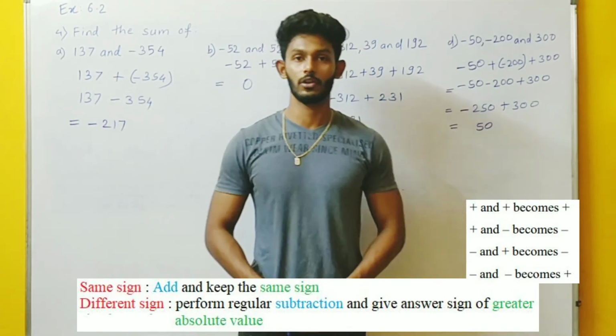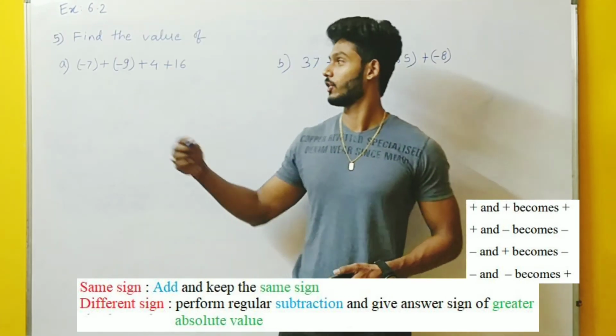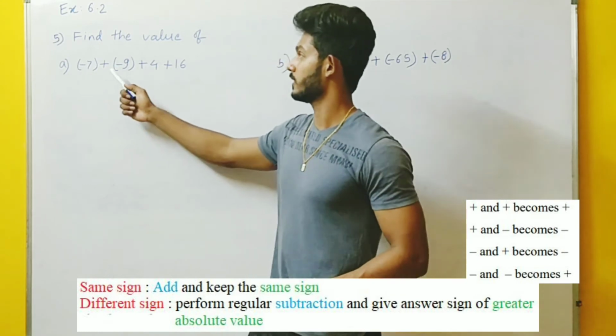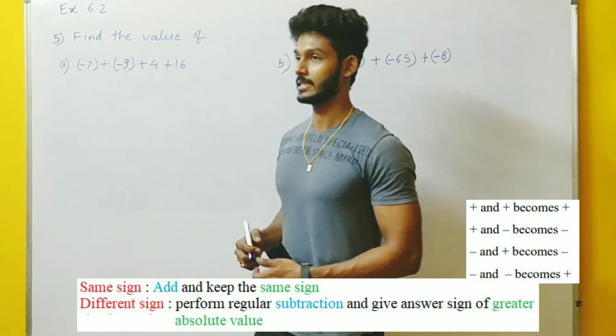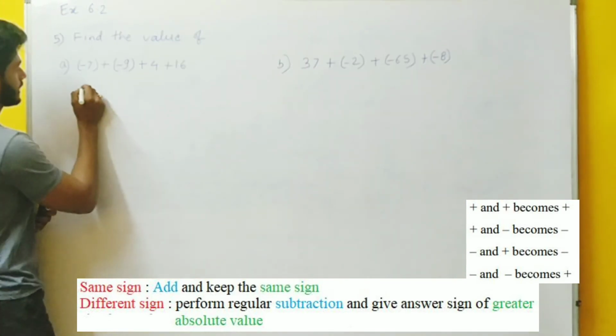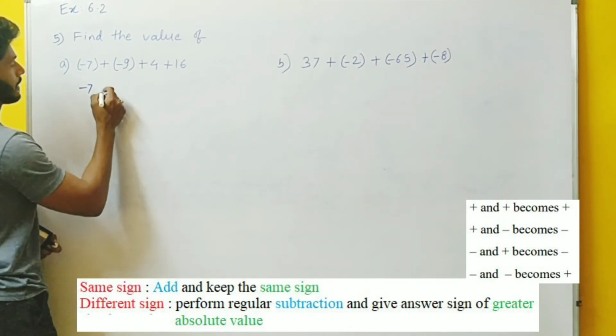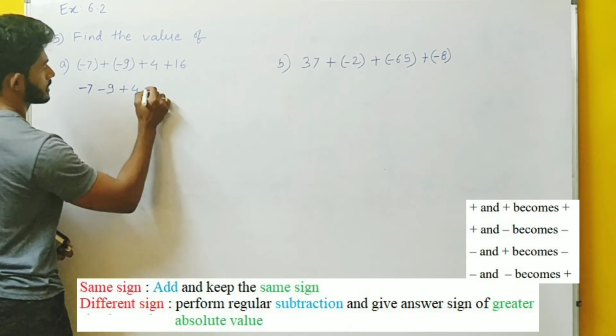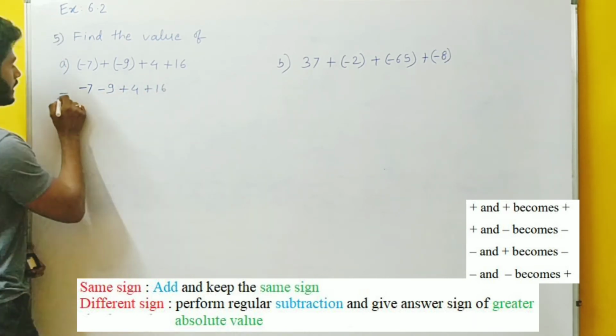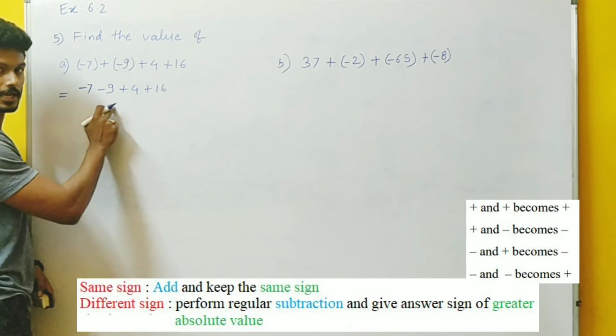Now let's go for the next question. Find the value of the following. Minus 7 plus minus 9 plus 4 plus 16. Now I'll write this number as minus 7. Plus and minus will be minus 9 plus 4 plus 16. Now as you can see, these two numbers have the same sign.